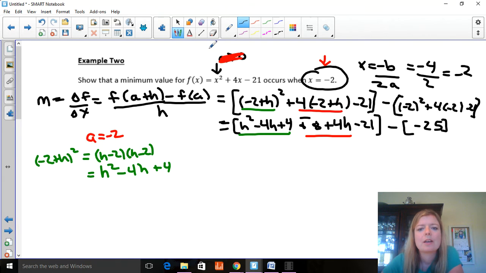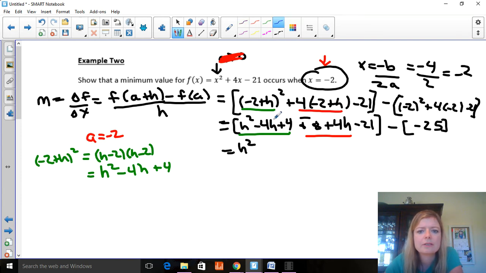Sorry about that. Now we want to simplify what's in this bracket. So the h squared, there's only one h squared, minus the 4h plus the 4h. Notice those cross off.